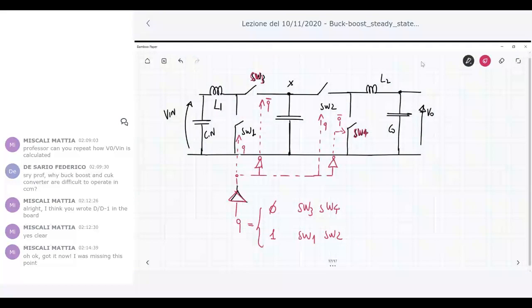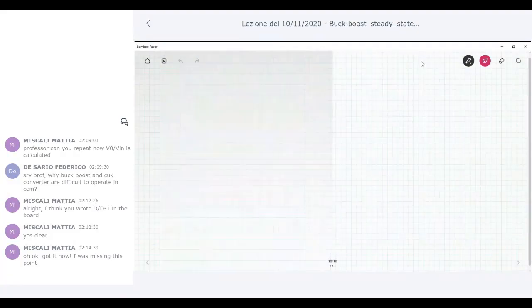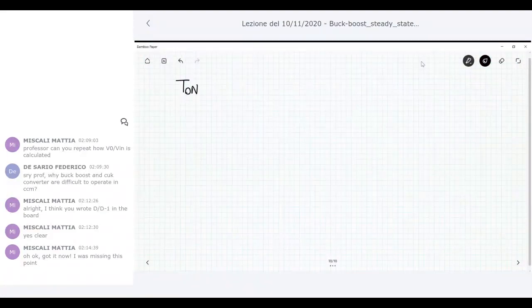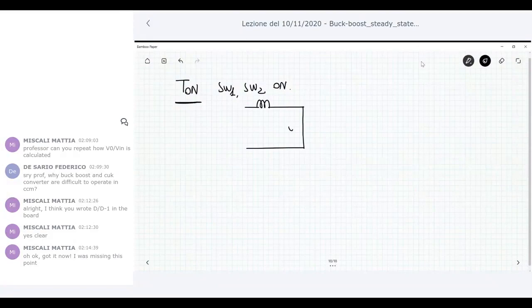So again, let me analyze what happens during T on and during T off. During T on, switch 1 and switch 2 are on, so the circuit becomes like this.